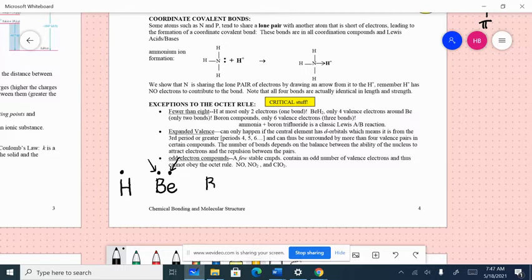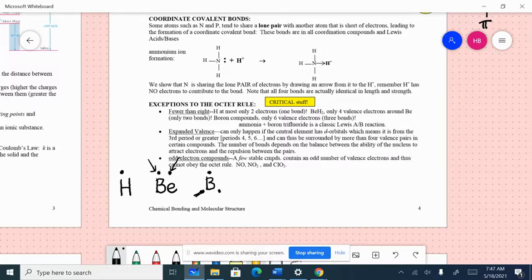Boron is in the next family. That's group 3. He has 3 valence electrons. So here is his dot diagram. And again, like beryllium, he cannot form more than 3 bonds with his 3 electrons. That's all he can come up with to form bonds. So boron is always going to be happy with 3 bonds.